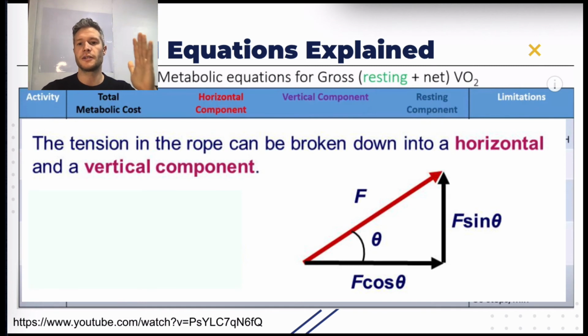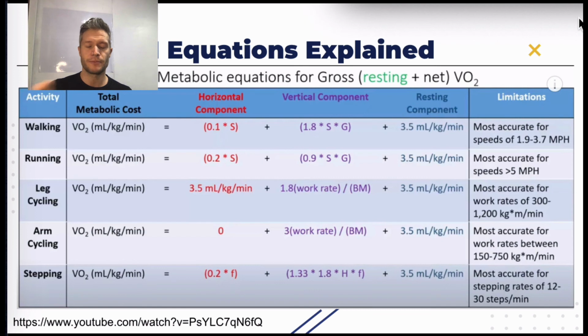Ultimately, the vertical and the horizontal add up to be the angular component, as far as distance and work. So without getting too much into the physics behind it at this moment, that's what the last two parts are: how much external work needs to be done to do this activity.